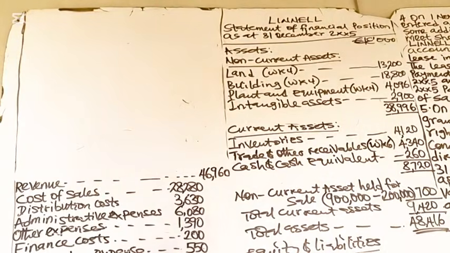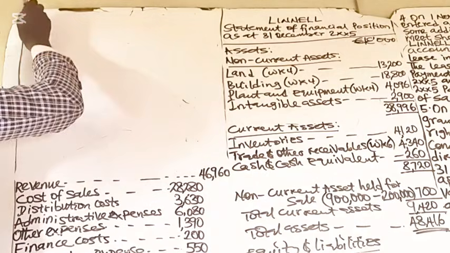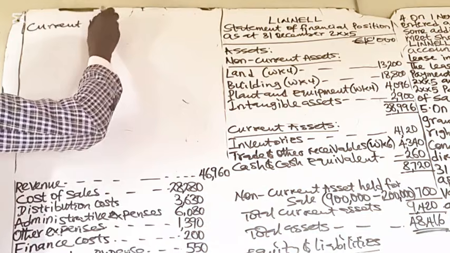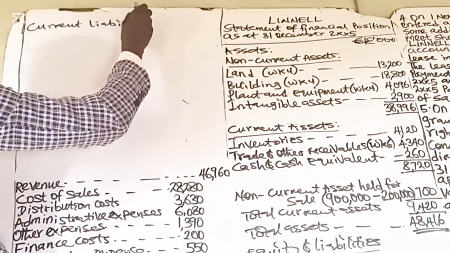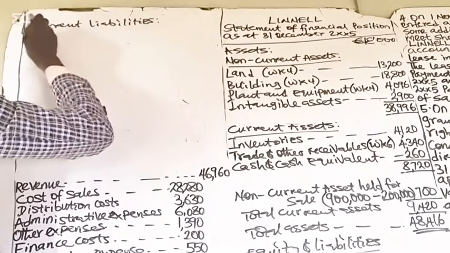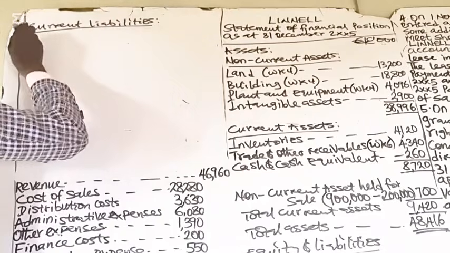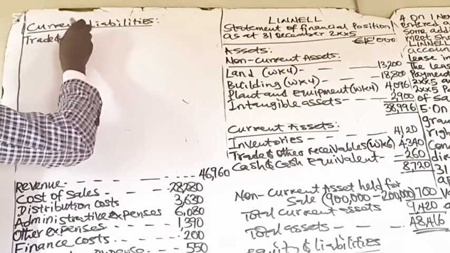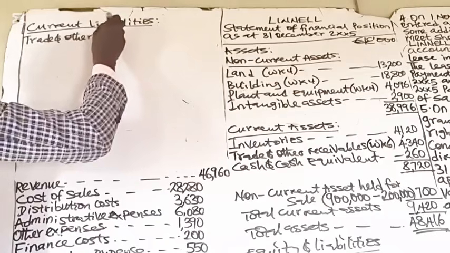So we have current liabilities, which include trade and other payables.